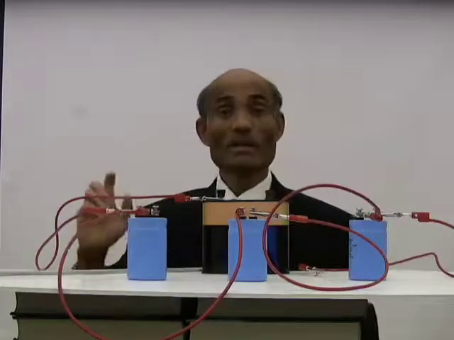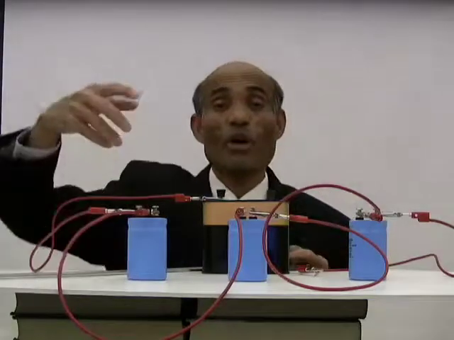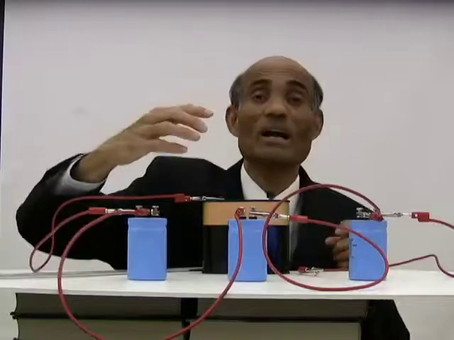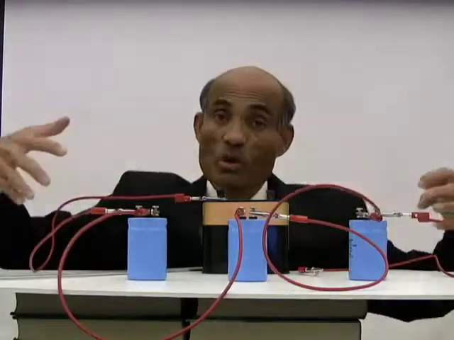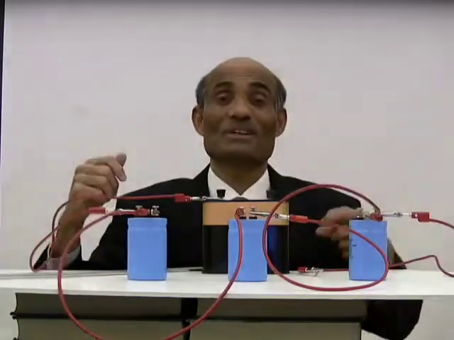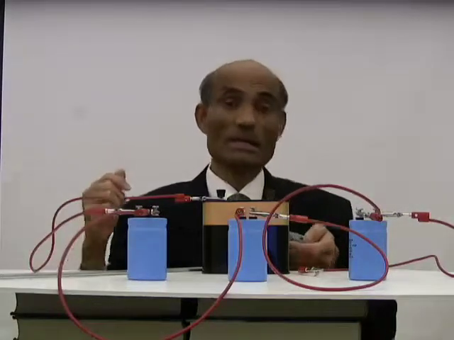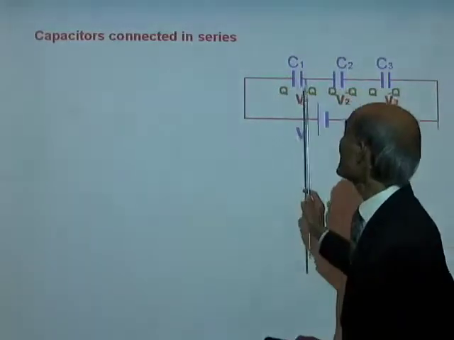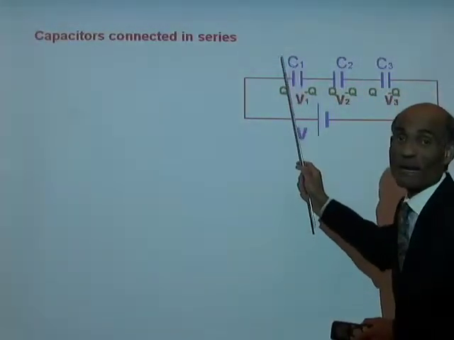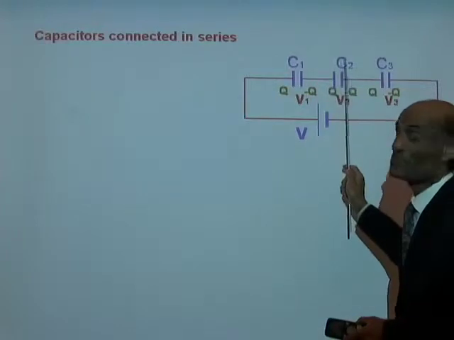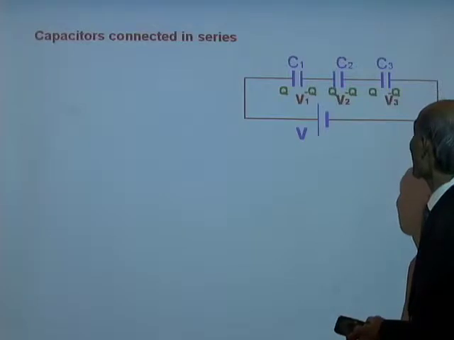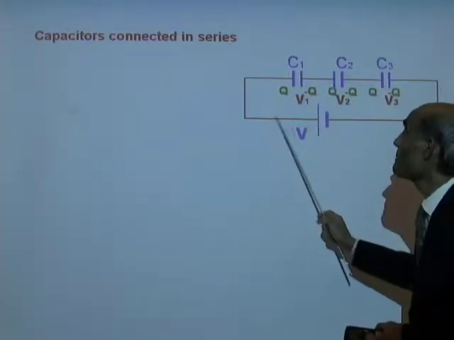Okay, now let's write those things down and obtain an equation for the total capacitance. If 3 capacitances are connected in series, what is the total capacitance in the circuit? Alright, let's look at that and we will now write that down. As I showed you, we have 3 capacitances C1, C2, C3 connected in series and the combination is connected to a battery.